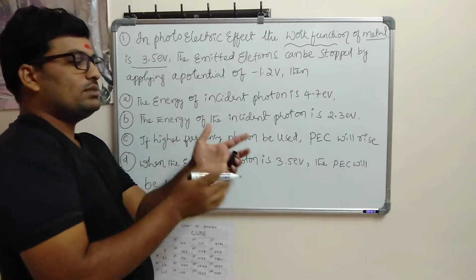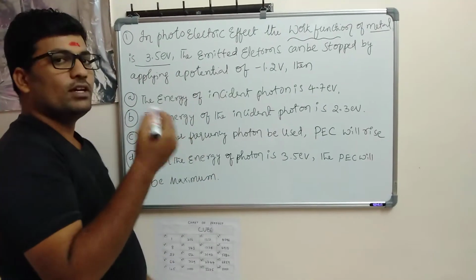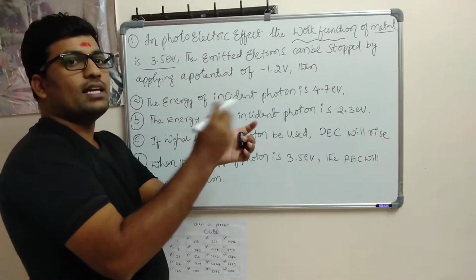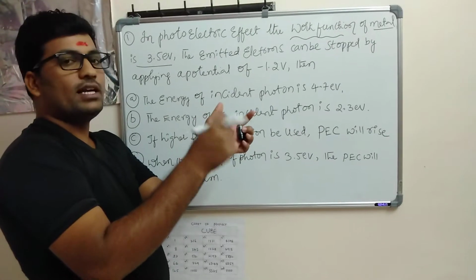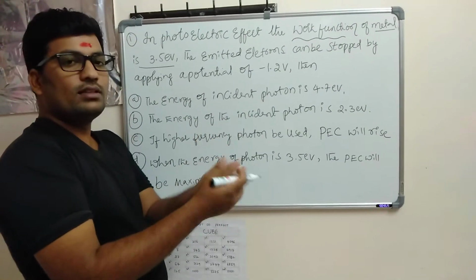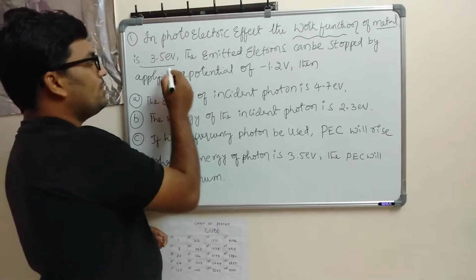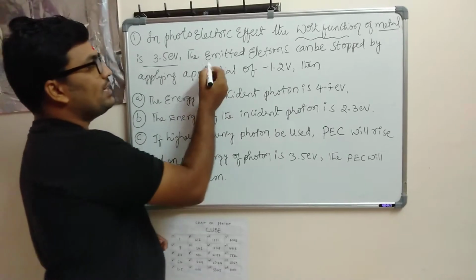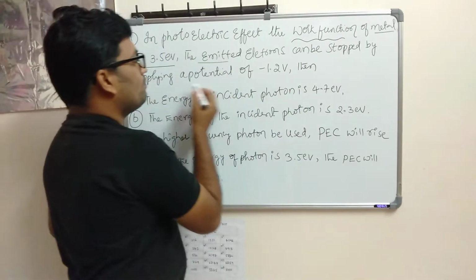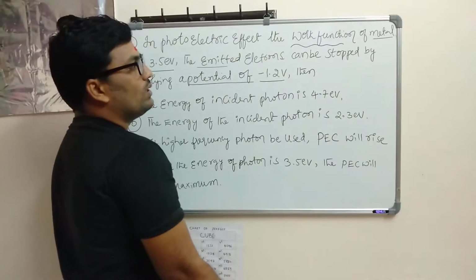If I want to remove electrons from the cathode, I need to give 3.5 electron volt, and you have to give more than that. Above that only, the electron can be liberated, otherwise the electron will not be liberated. The emitted electron can be stopped by applying a potential of 1.2 volt, then.